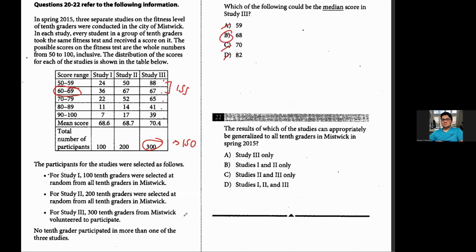In this case, we just have to look for the study information. This is selected at random from all 10th graders. That's fine. Selected at random from all 12th graders. That's the same thing. Yeah, it's also fine.